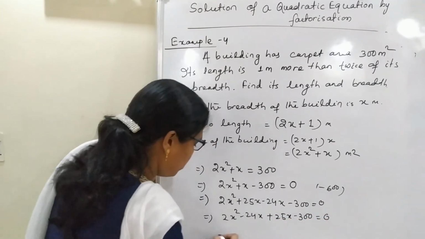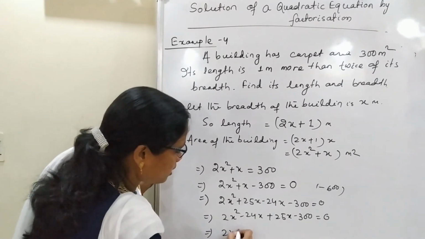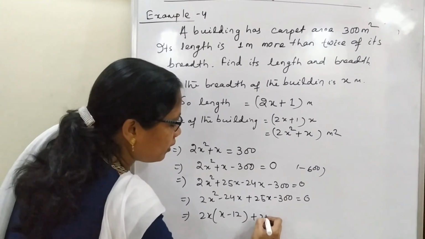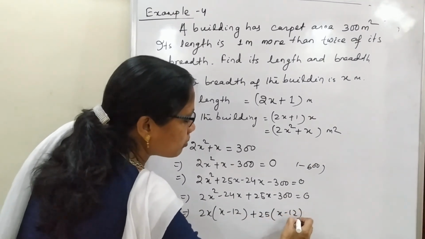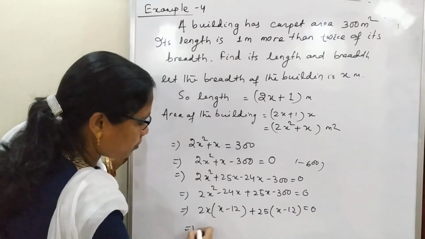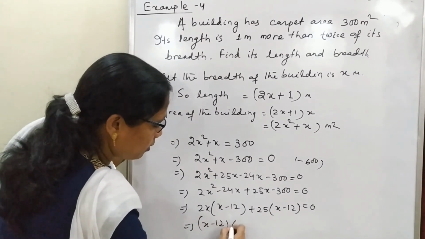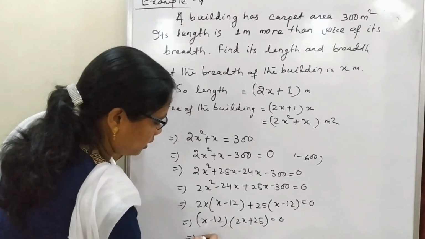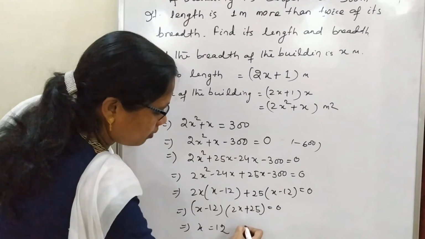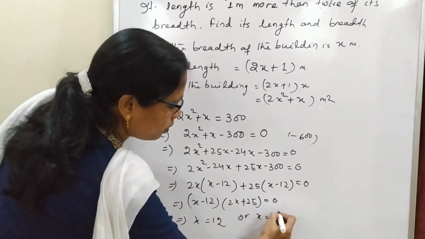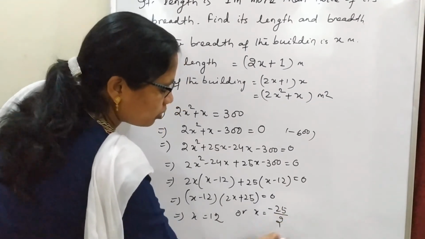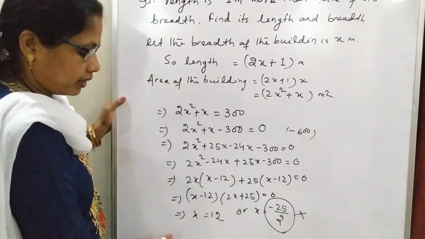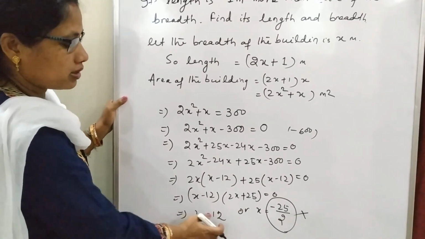To get common, 2x, x minus 12 plus 25 whole into x minus 12 is equal to 0. So x minus 12, 2x plus 25 is equal to 0. So x is equal to 12 or x is equal to minus 25 by 2. So this can be rejected as the length cannot be negative. So here we found that x is equal to 12.